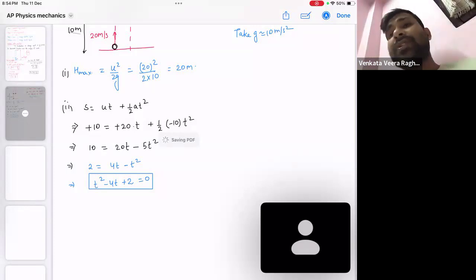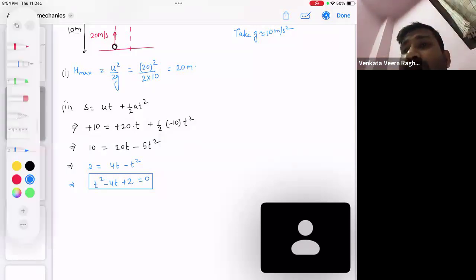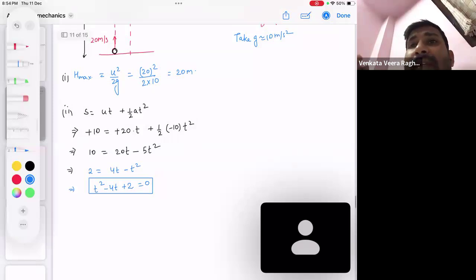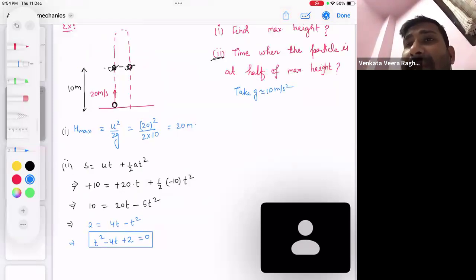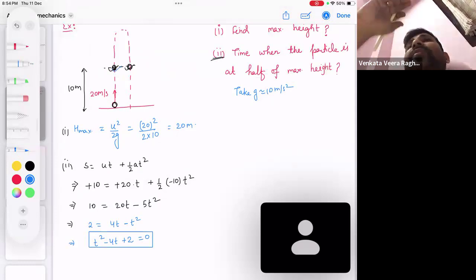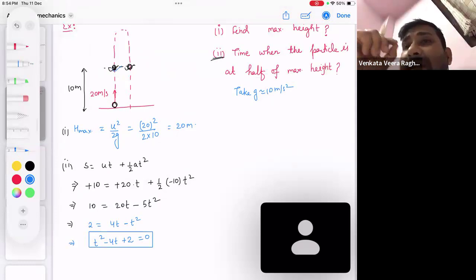So what are these two solutions going to tell us? One solution will tell me at what time I will be at this height at the time of going up. And the second solution will tell I'm at the same height, but this time I'm coming back after reaching the maximum height, isn't it?